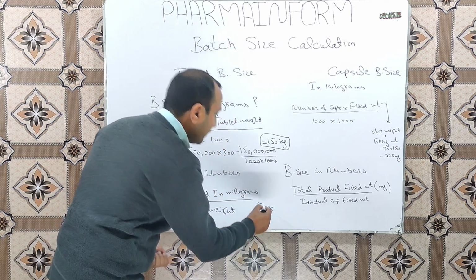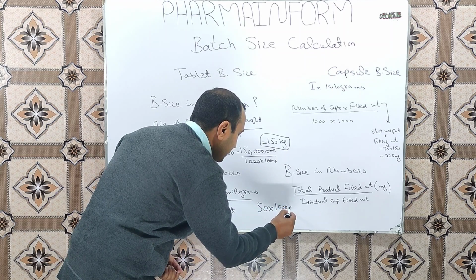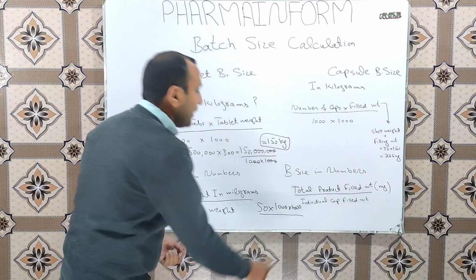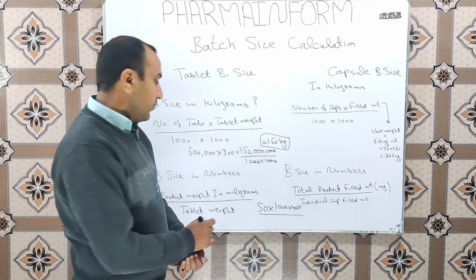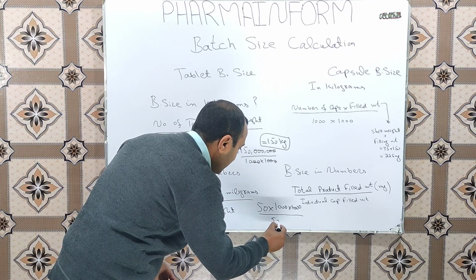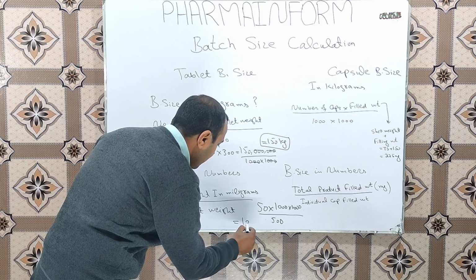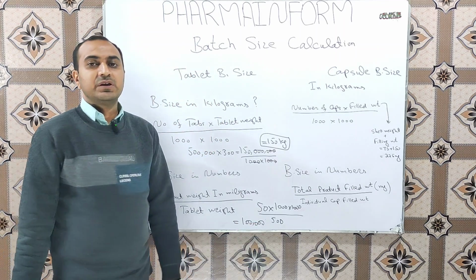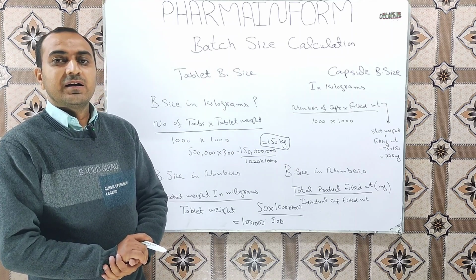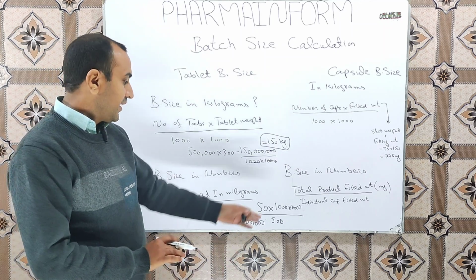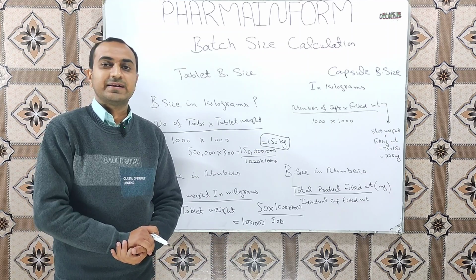We first convert 50 kilograms into milligrams by multiplying by 1000 and 1000, and then divide by the individual tablet compression weight. Suppose the compression weight is 500 milligrams. After solving it, the answer will be 1 lakh tablets. Meaning if we have 50 kilograms of granules and the compression weight of the tablet is 500 milligrams, the batch size in terms of numbers will be 1 lakh tablets.